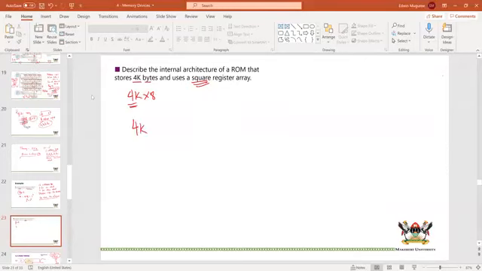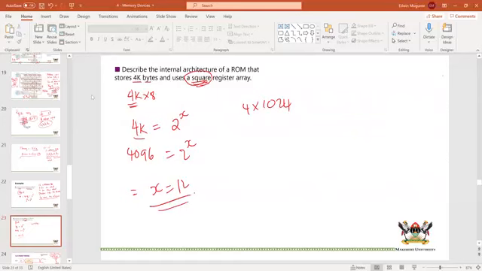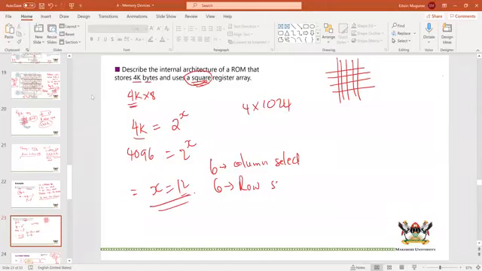So 4K, if they say it's a square array, we know that it must be 2 to the power something. Okay, 4096, because 4K is 4 times 1024, which is equal to 2 to the power x, and it turns out that x is 12. Now, because it's a square, the number of rows is equivalent to the number of columns. So half of these, 6, will go for column select, and 6 will go for row select.